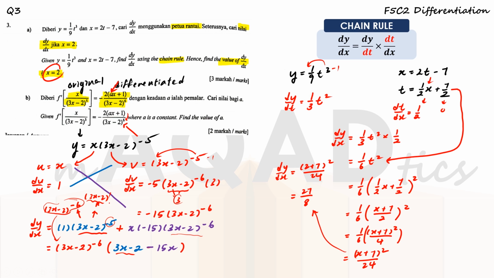So this 3x minus 2 is actually this. And this part is directly factorized, so here the whole part will disappear, and we are left with only -15x. This part I move back to the denominator, so this -6 will become 6 to tally with the question here.